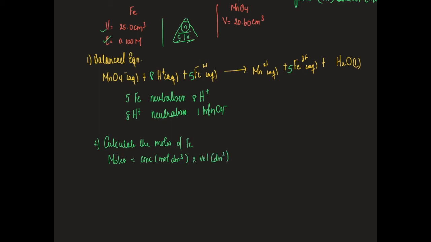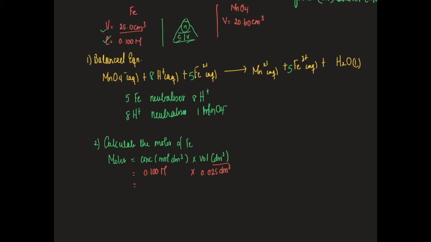And again, because the volume is asked in cubic decimeters, we have to convert this to cubic decimeters. So we know the concentration is 0.100. And when we convert 25 cubic centimeters into decimeters, we get 0.025 cubic decimeters.